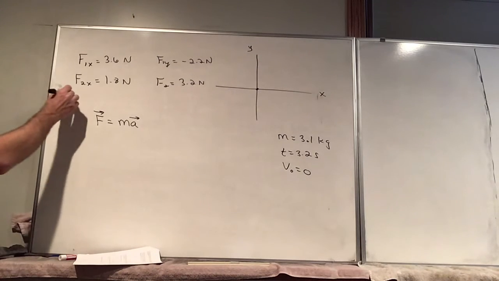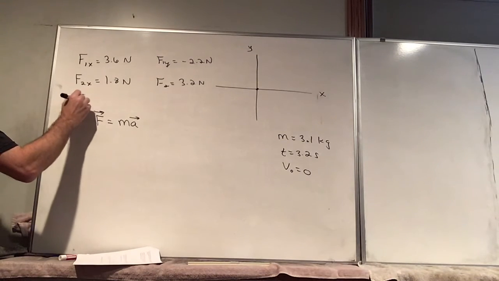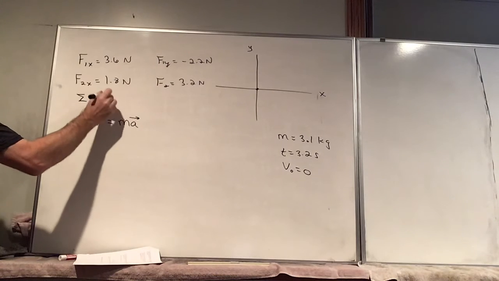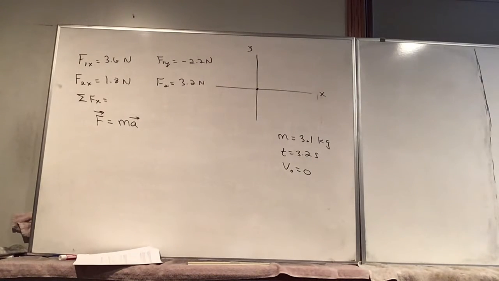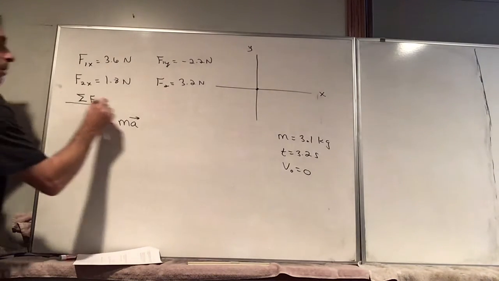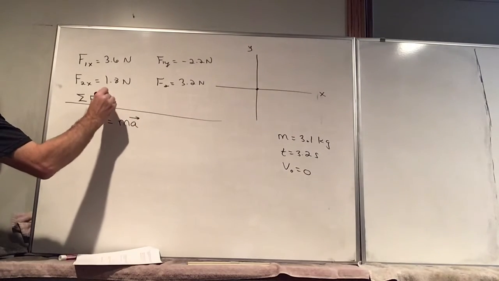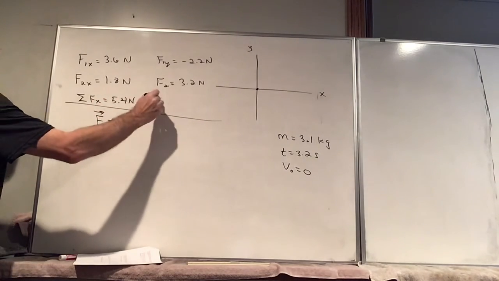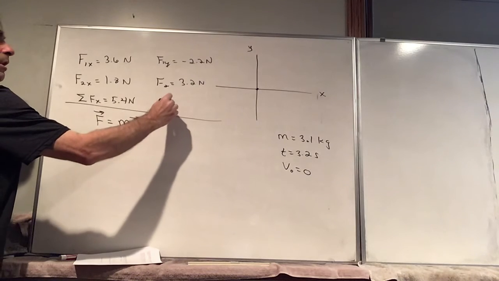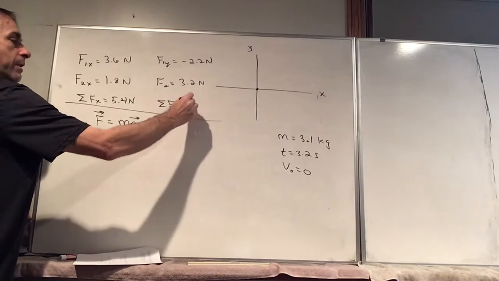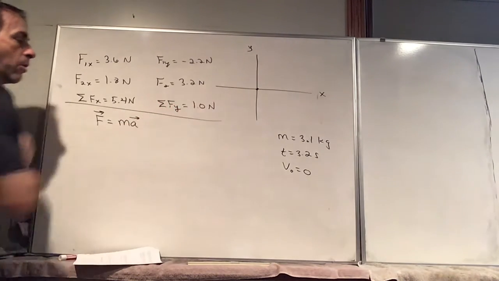So let's look at the net force in the x direction. There'll be 3.6 plus 1.8, so that'd be 5.4 newtons. And the net force in the y direction is 1.0 newtons.